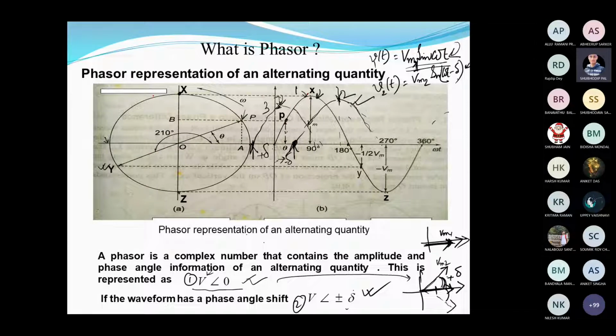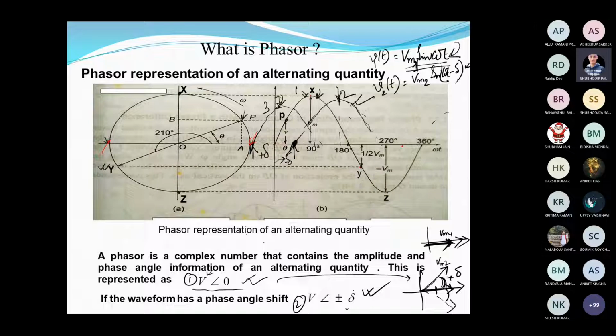With this amplitude, if we draw a circle, and draw the projection of each point on the periphery of the circle, X will come like this at this point, this one will be at this point, and Z will come at this point if we do the projection.